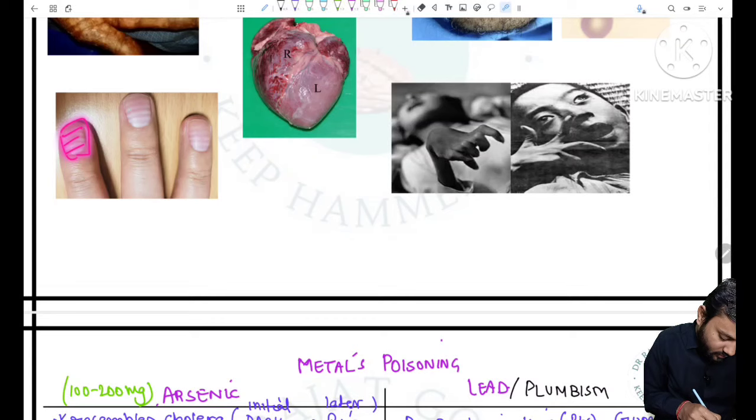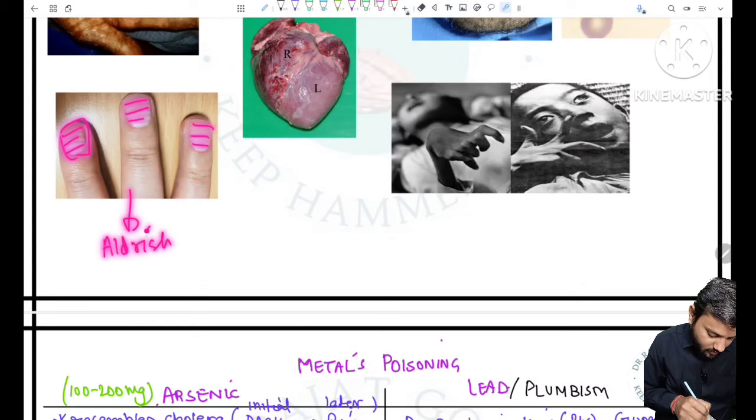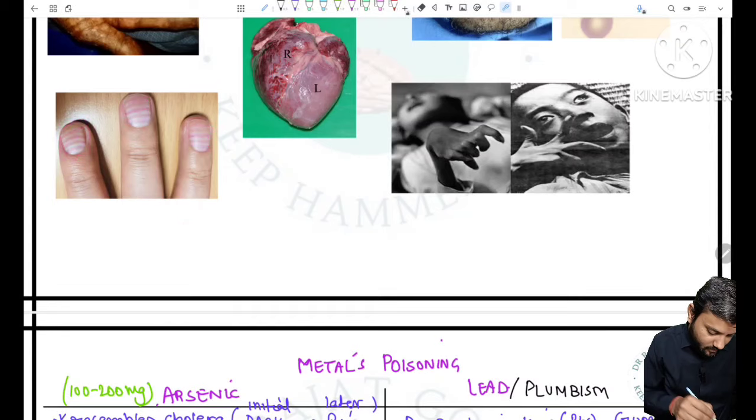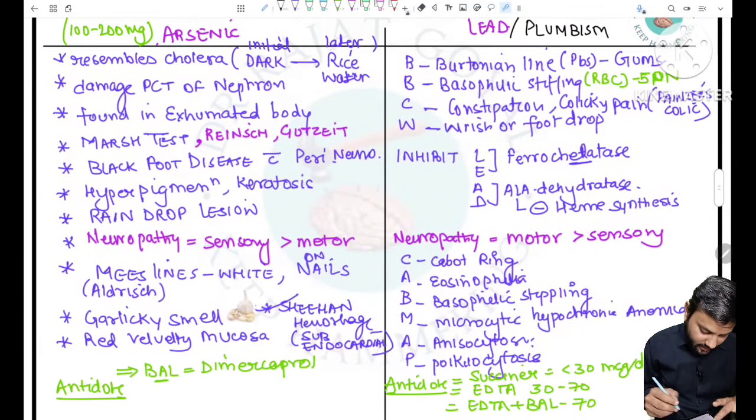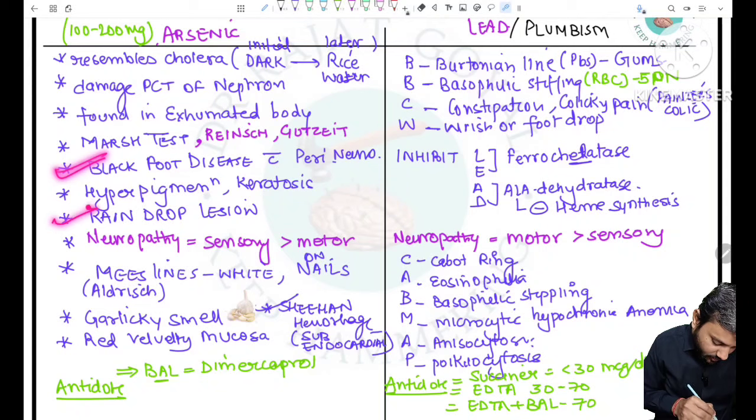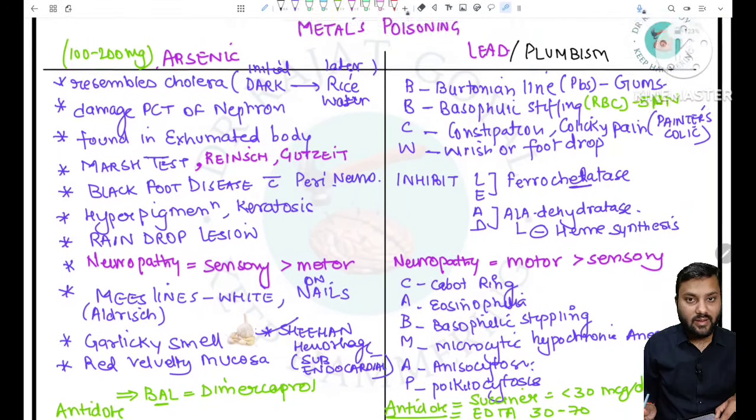So white transverse lines are there, and these are called Aldrich-Mees lines. Aldrich-Mees lines are also a feature of arsenic poisoning. So we have seen Aldrich-Mees lines, subendocardial hemorrhage, Blackfoot disease, and also raindrop pigmentation and raindrop lesions. These are important features of arsenic poisoning.